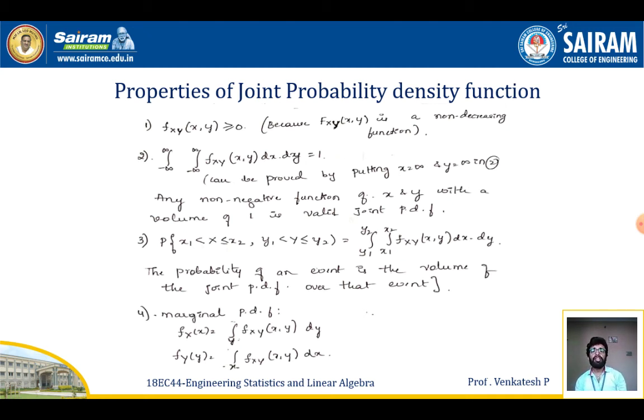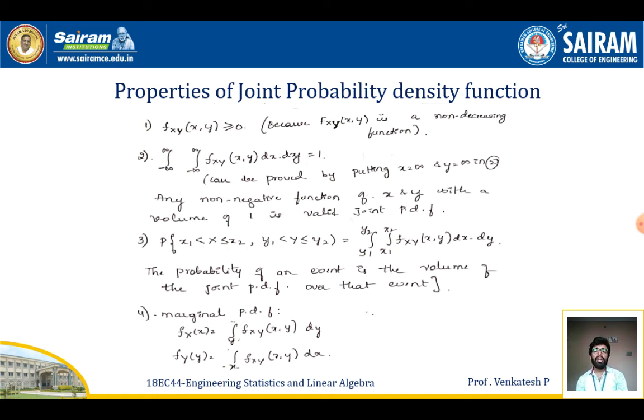The next condition is the probability of x1 less than x less than or equal to x2, y1 less than y less than or equal to y2 will be equal to the integration of y1 to y2, x1 to x2 of the joint PDF function f of x comma y dx dy. So to represent the formula for this, we can use the integral like this for the given limits of the random variables capital X and capital Y. So the probability of an event is the volume of the joint PDF over that particular event.